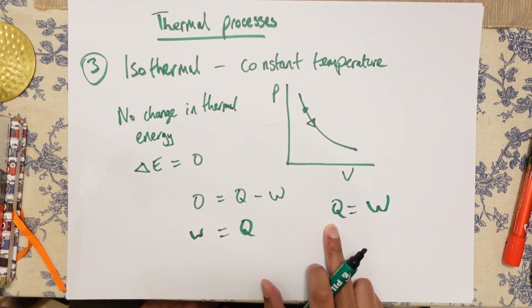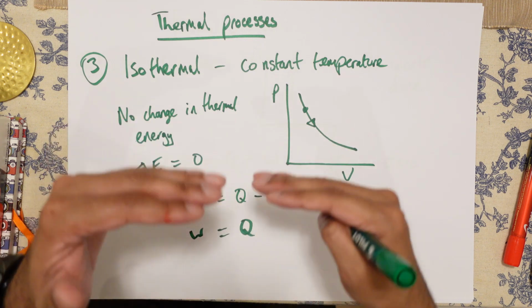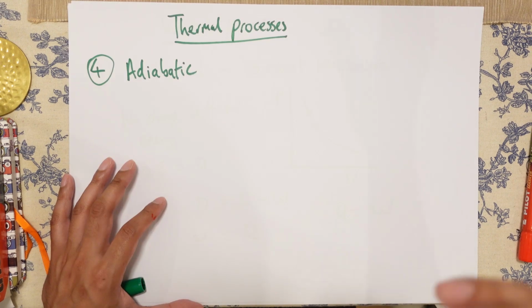Q, which is the heat, is equal to the work done. An example of this thing is a weather glass, where the temperature doesn't change, but the volume does, and the levels of the thing keeps going up and down.